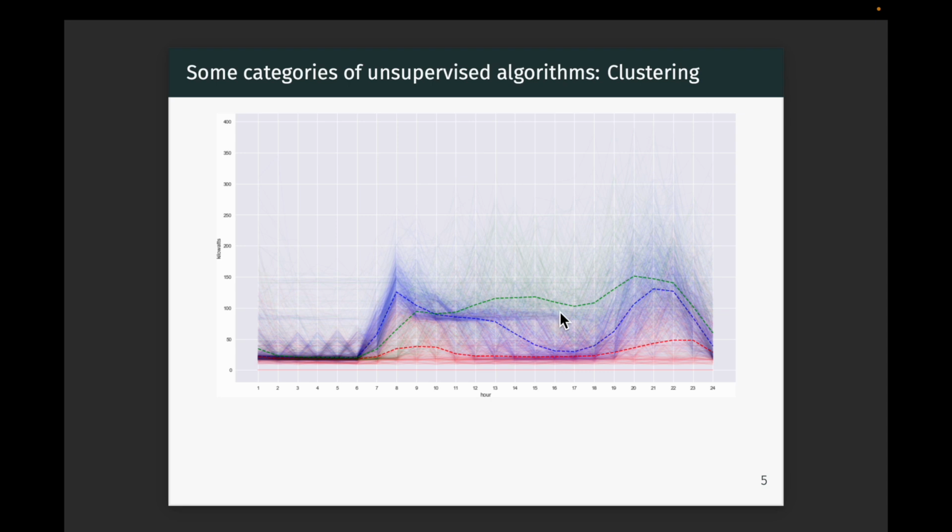Whereas the green ones consistently consume a lot of energy. Maybe if I want to sell energy efficient fridges or energy efficient air conditioners, I should go to them. Whereas the blue ones, I can perhaps tell them to improve their thermostat settings so that their air conditioner energy consumption is slightly reduced. So I can make some targeted interventions by doing some clustering.